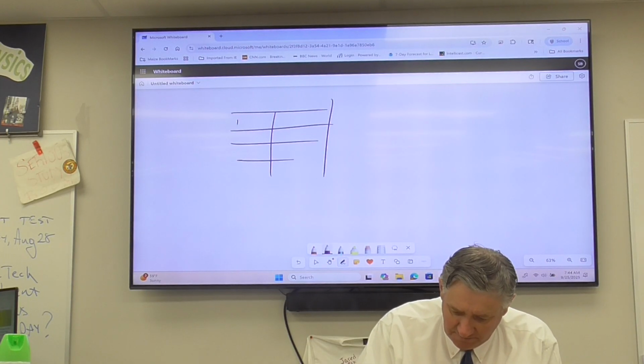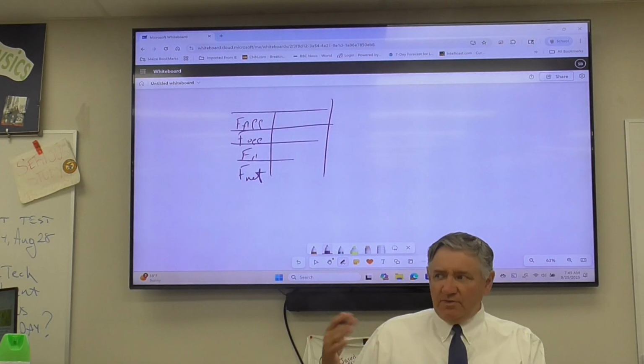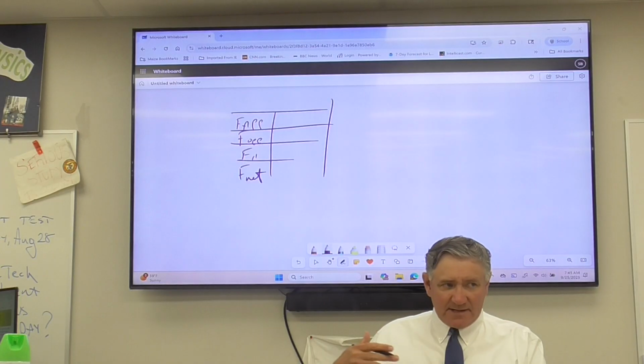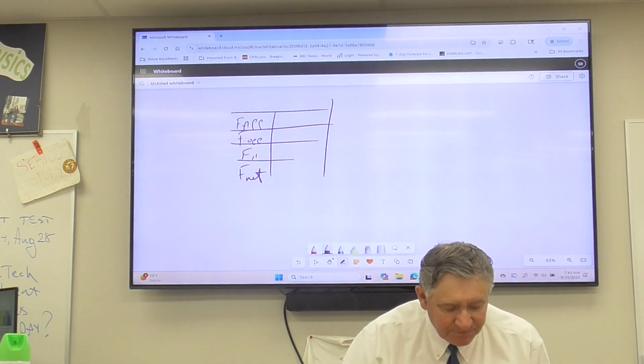On an inclined plane, I could potentially have force applied, force opposing, force parallel, and then my net force. Because if you don't know what the forces are, which direction they're acting, and what the sum should equal, you can't work the problem. You can get the numbers, but if you don't know which direction they're acting, it doesn't make any sense.